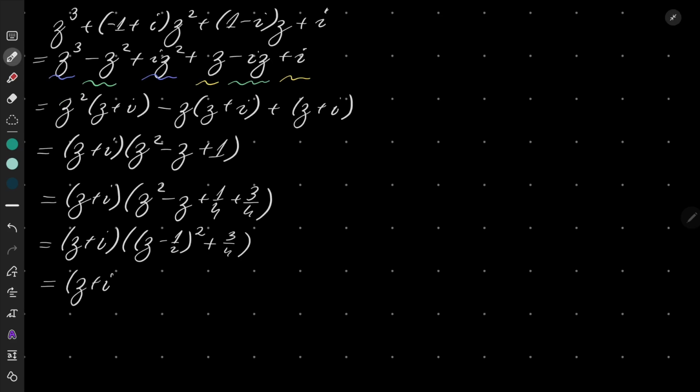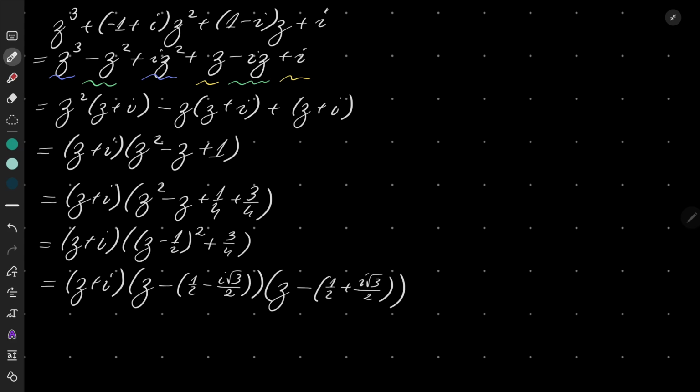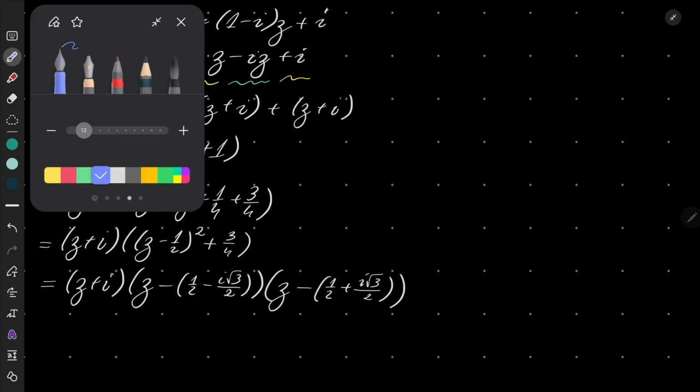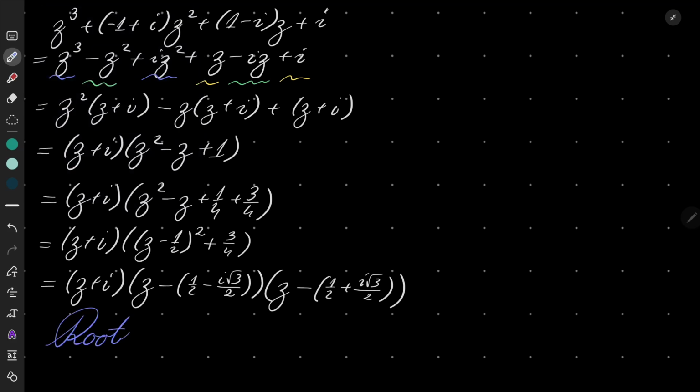And it's (z minus 1/2 minus i times square root of 3 over 2) times (z minus 1/2 plus i square root of 3 over 2). Okay, so we have our roots. Our roots are minus i, 1/2 minus i square root of 3 over 2, and finally 1/2 plus i square root of 3 over 2.